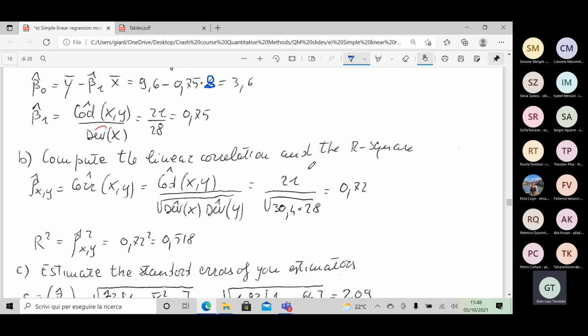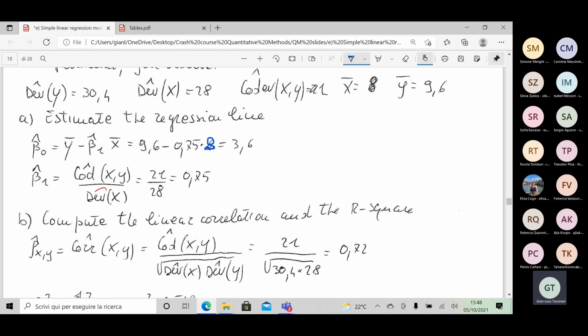Compute the linear correlation and the R square. Well, the linear correlation coefficient can be computed as the covariance over the square root of the product of the variances, or alternatively as the codeviance divided by the square root of the product of the deviances. Here, if you look above, we already have all these data, because you have the codeviance and the deviances.